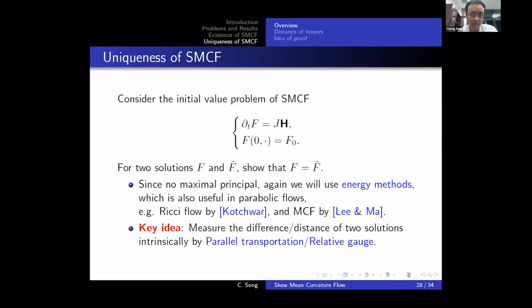You need a more precise way, a more intrinsic or optimal way to do the difference. So here I use a very important geometric idea, which is simply parallel transportation.